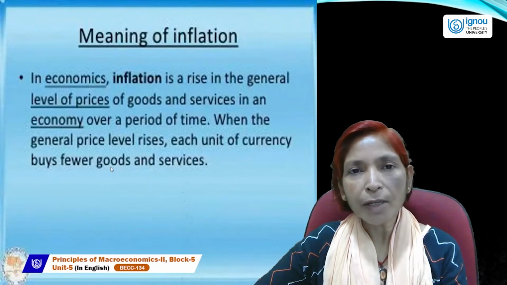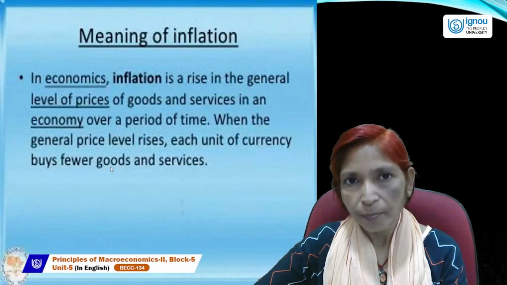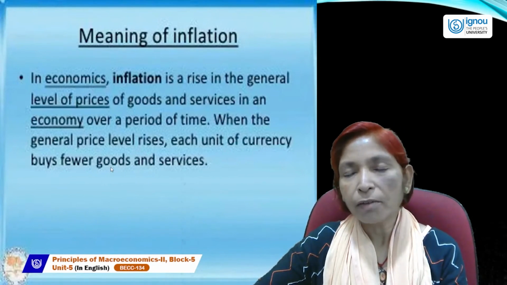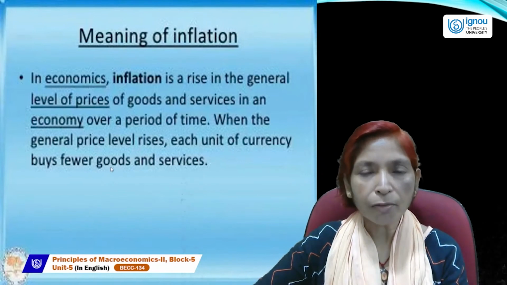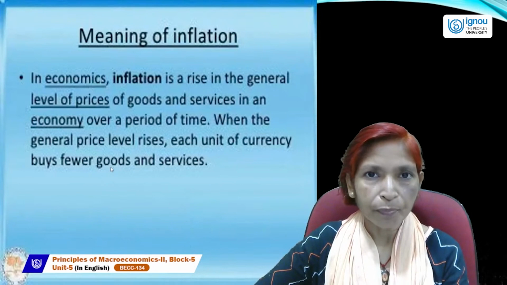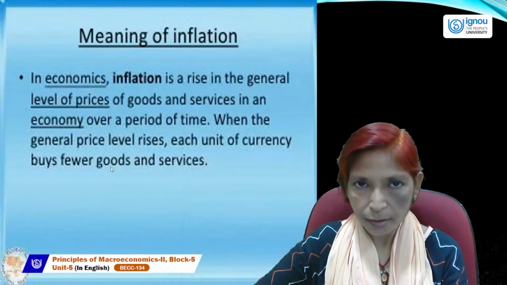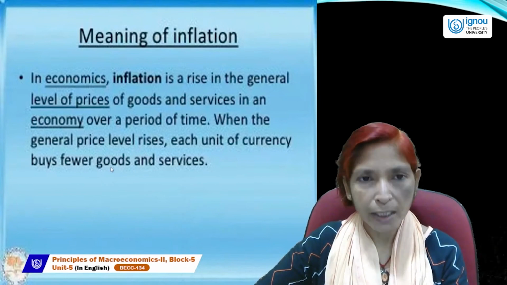So there is an inverse relationship between price level and the value of money. When price level increases, the value of money falls. And when price level falls, value of money increases. This relationship was propounded by Irving Fisher in the quantity theory of money.